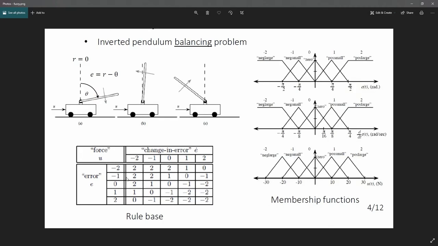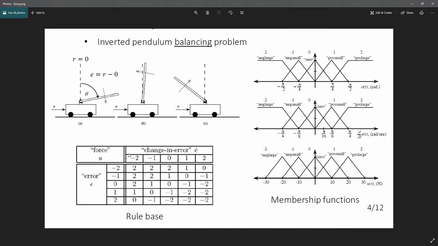If error has a negative value in the negative large group, at -2, which means a large angle, and it's in the negative large group in this set, then do AND logic with error dot.